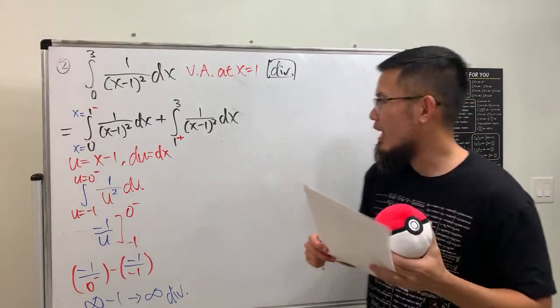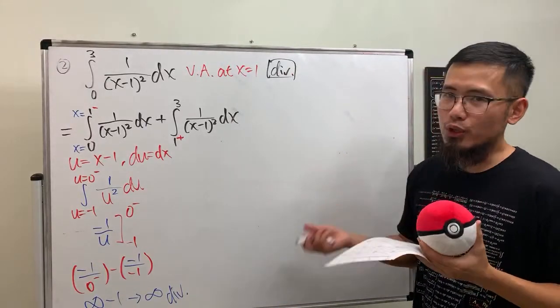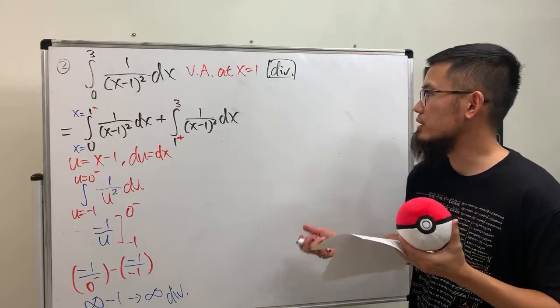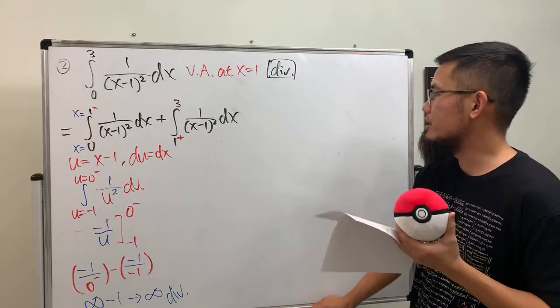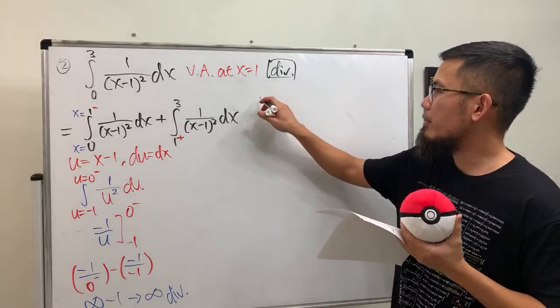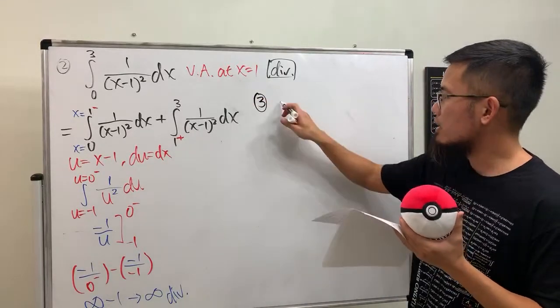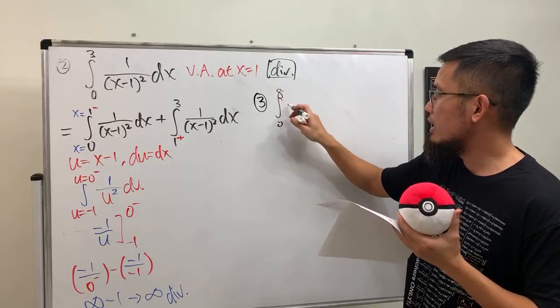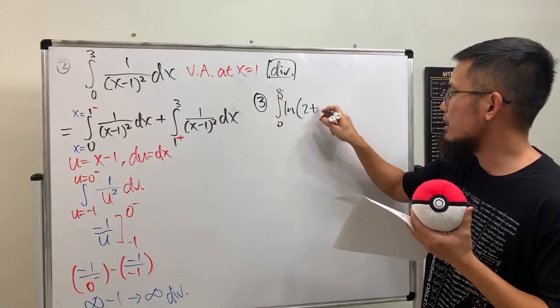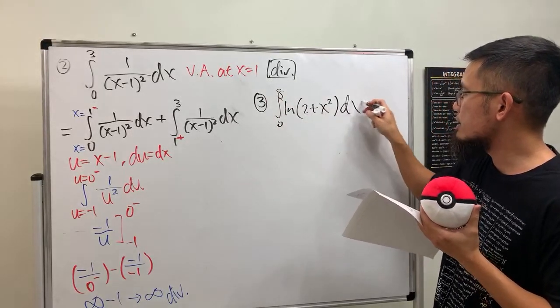All right, now, some of these questions are just mechanical work, so I'll just kind of deal with this a little bit. For example, number 3, consider the integral going from 0 to 8 of natural log of 2 plus x squared dx.